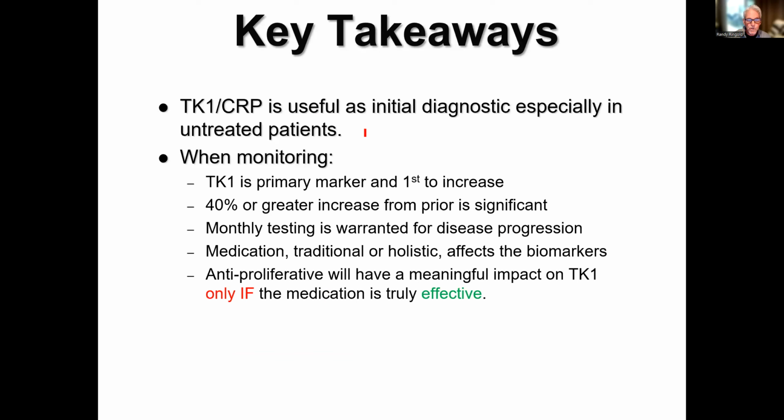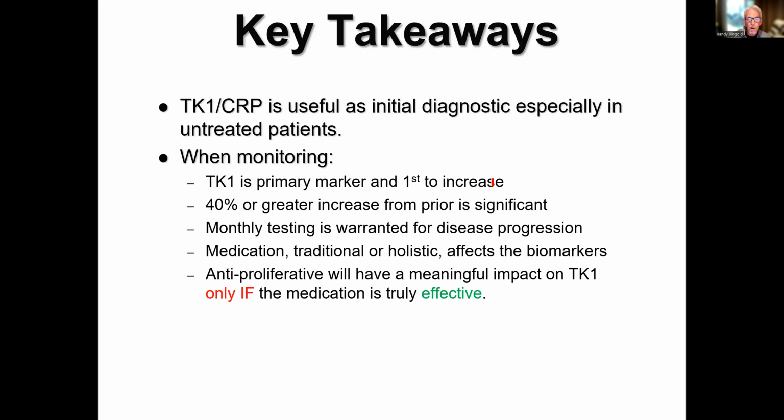So it is useful, especially as a diagnostic in untreated patients, of course, and then following it on for therapeutic monitoring. So I always recommend, even if you're doing an FNA on a lymphoma, for example, you get a baseline pre-treatment TK1, because then it becomes very helpful in managing that patient later on.